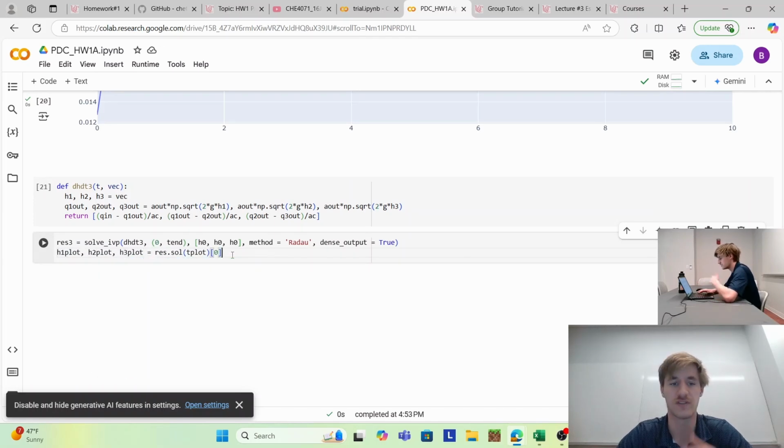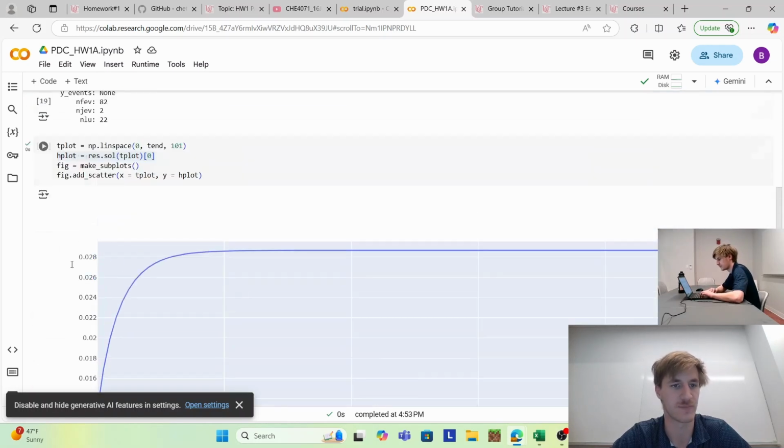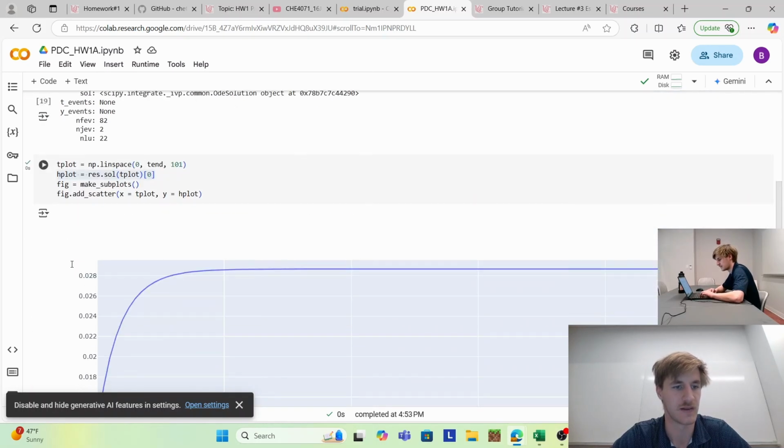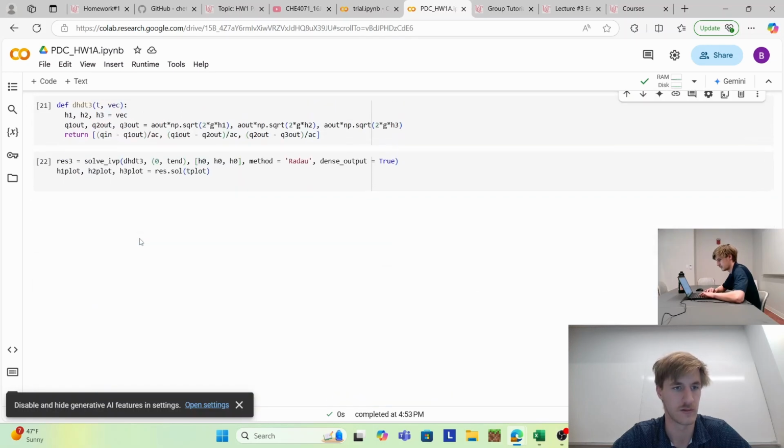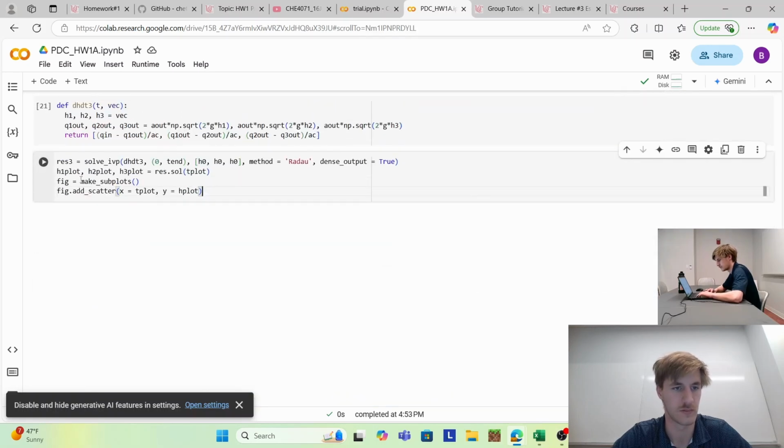We no longer want to specify just that first row because we have 3 variables, and then we can just make another figure. So figure 2, and it'll be H1 plot, H2 plot, and H3 plot.